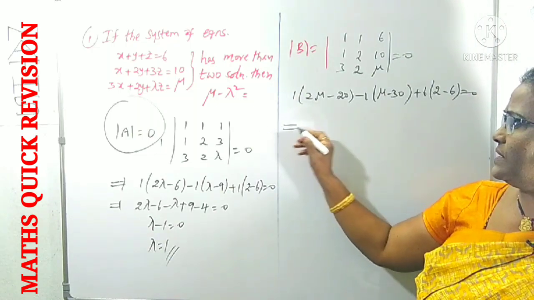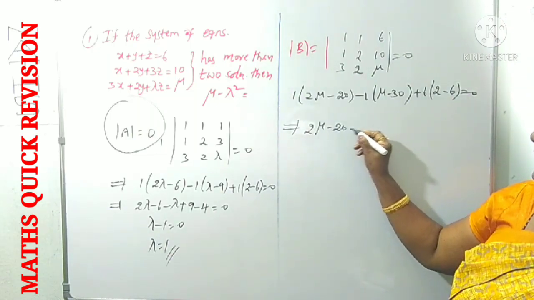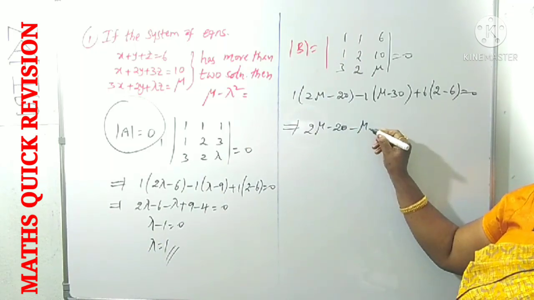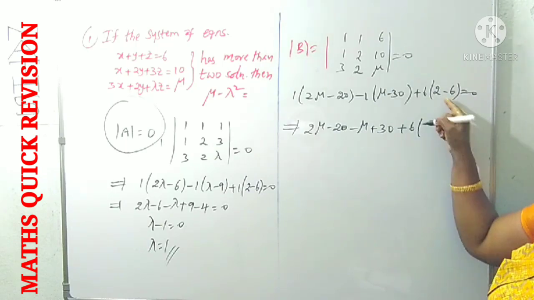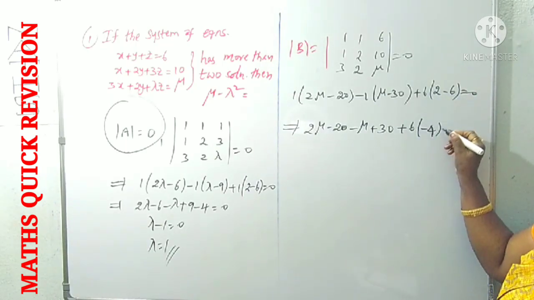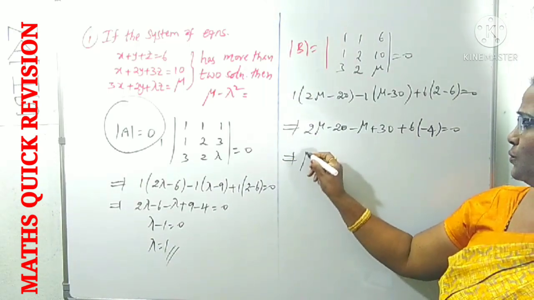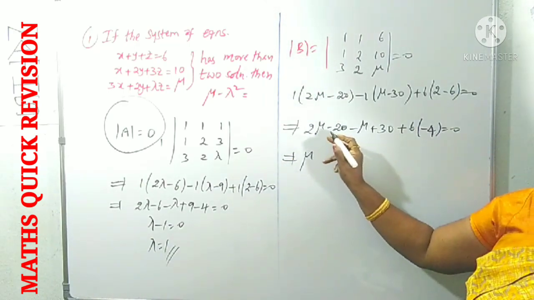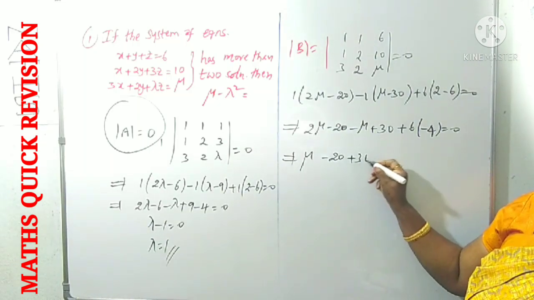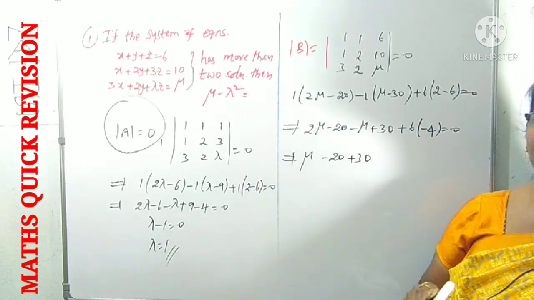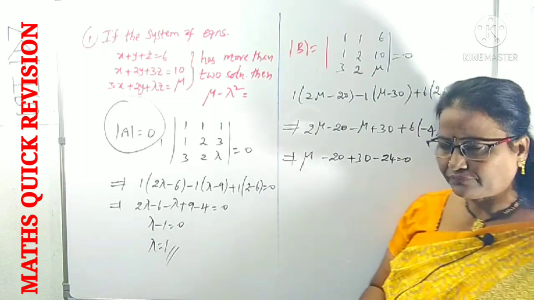So this value is 2 mu with minus 20 with minus mu, minus of minus plus 30 plus 6 into 2 minus 6 is minus 4 equals 0. Again, I am rewriting as 2 mu minus mu is mu. Constants minus 20 plus 30. Here 6 into minus 4, 6 4s are 24 equals 0, right?